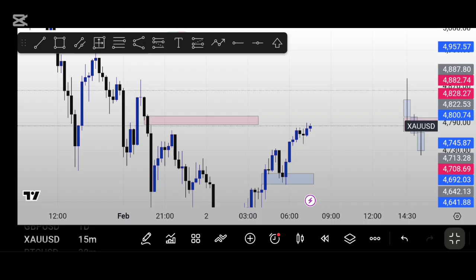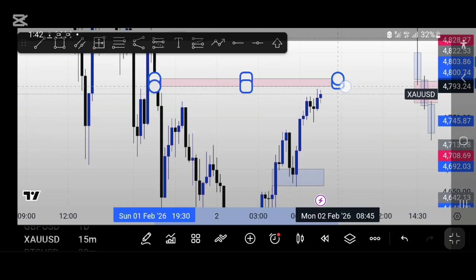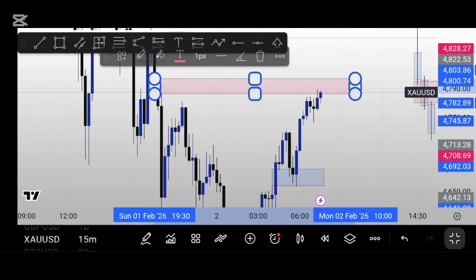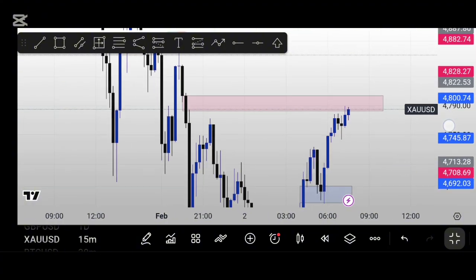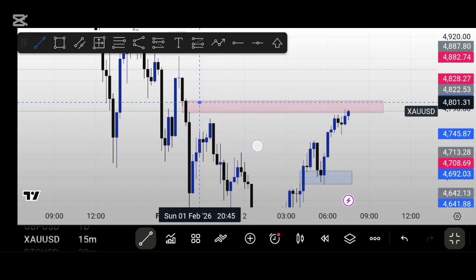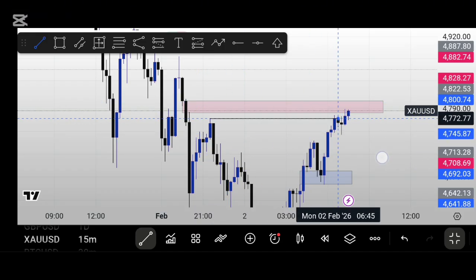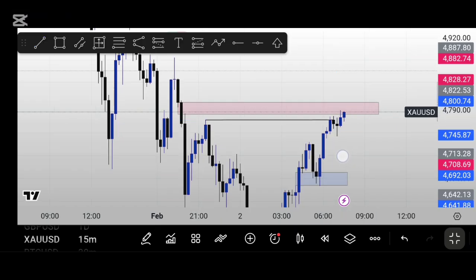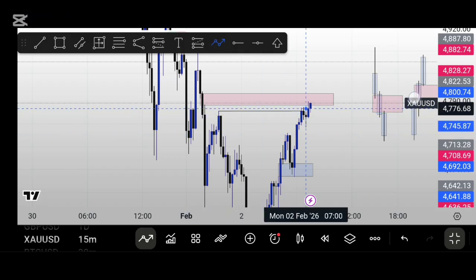So that is just it. Go to your chart. It's not that hard. If you study it more, you can see gold is already reacting to this fair value gap here, after this liquidity. This is the liquidity, right? So it's reacting to the fair value gap. Anything that makes it break above that fair value gap, the market will keep going up.